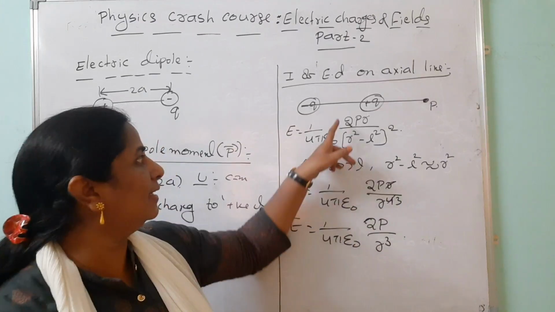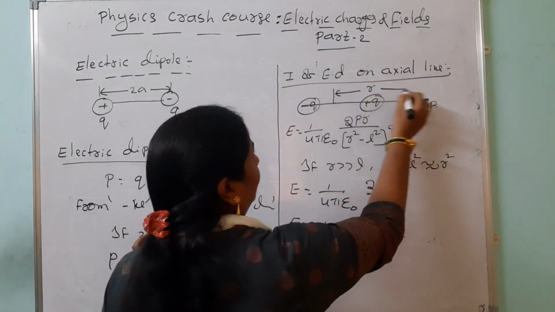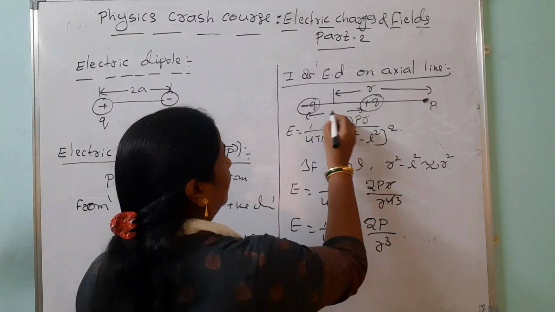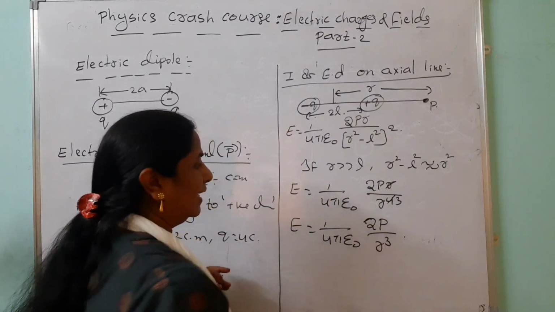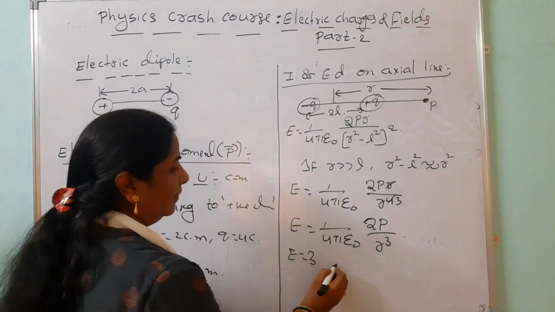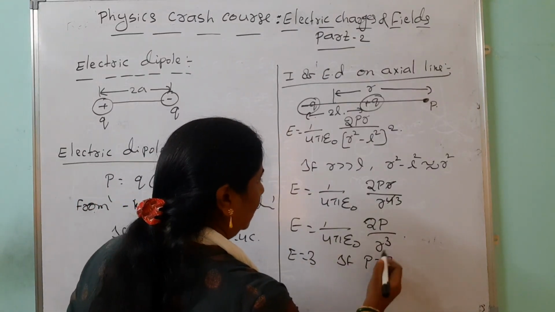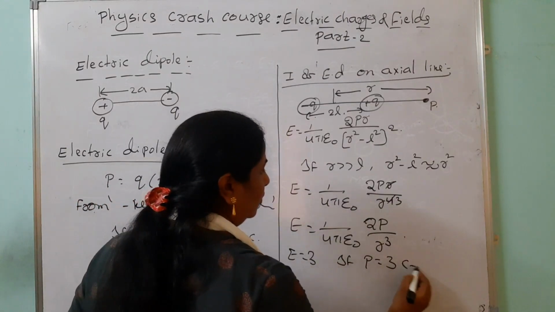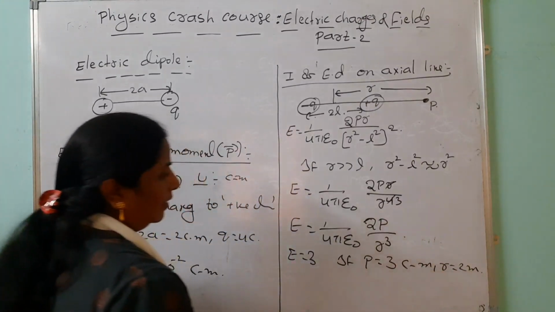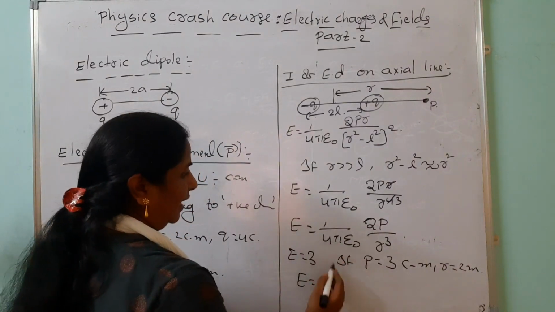Suppose they are giving the distance. This is r, from the center to here, and this is the distance between the two charges. So we have to do it like this. One problem we are doing now: find E if p equals 3 coulomb meter and r equals 2 meters for a short dipole. So how do we find this value?